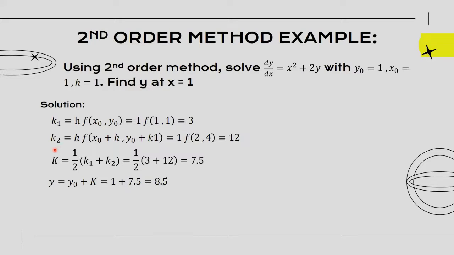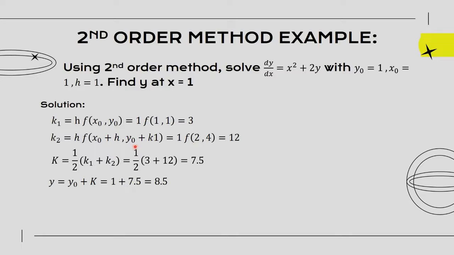Next is k2. Using the formula for k2, k2 equals h times function of x plus h and y plus k1. Substitute the value of h, which is 1. Next is x, the value of x is 1, plus h, which is 1, so 2.